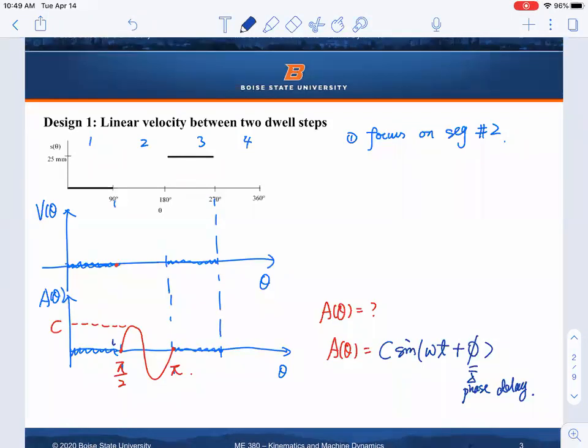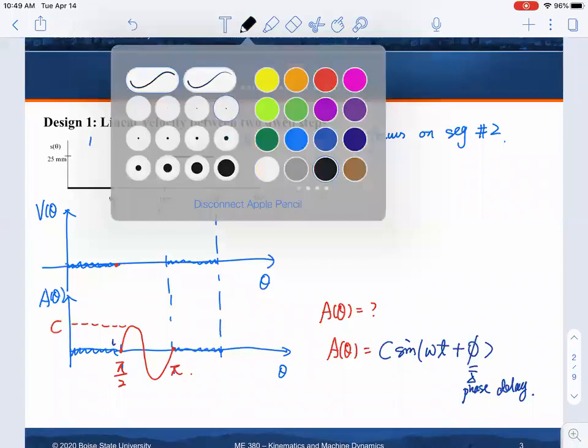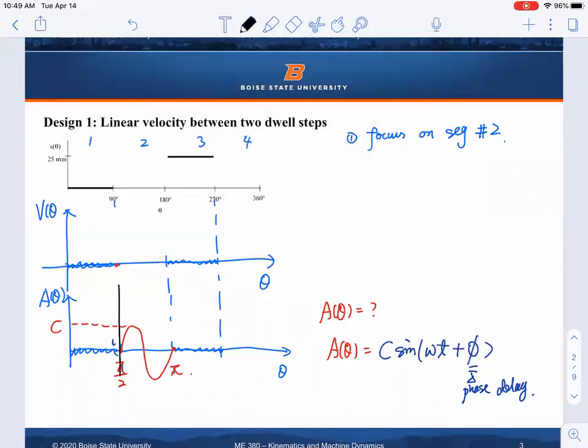That's not convenient. So we hope there is another coordinate system which starts at half pi and ends at pi. We name this coordinate system x, and this is your a of x. Your x coordinate is just another local coordinate system. This x helps us to more easily define your sine function.